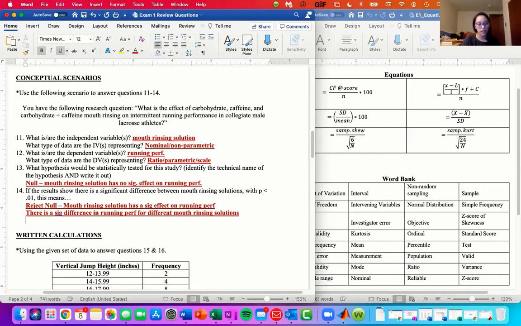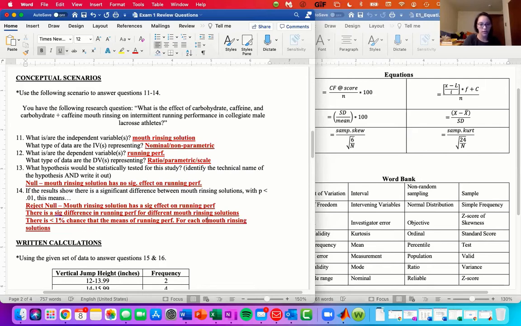We could also say there is less than a 1% chance that the means of running performance for each of the mouth rinsing solutions are equal, right?